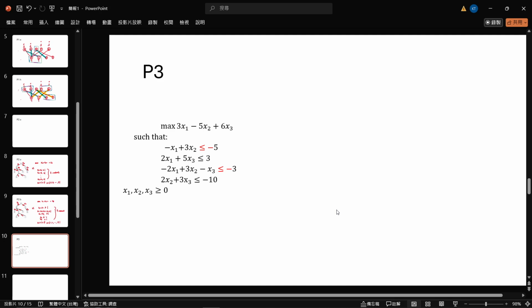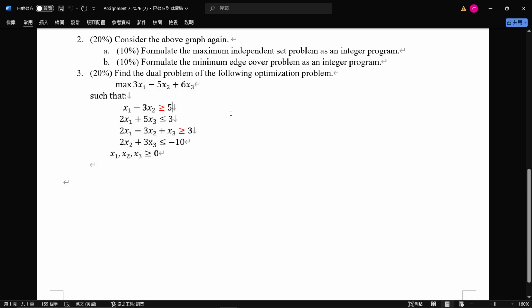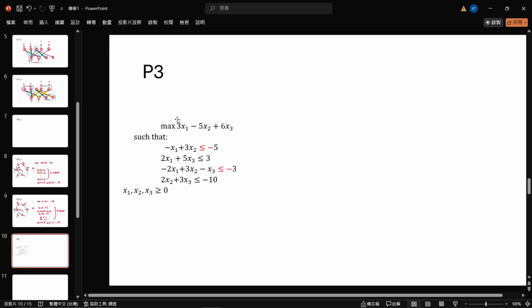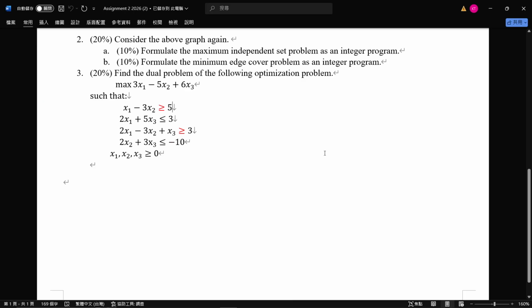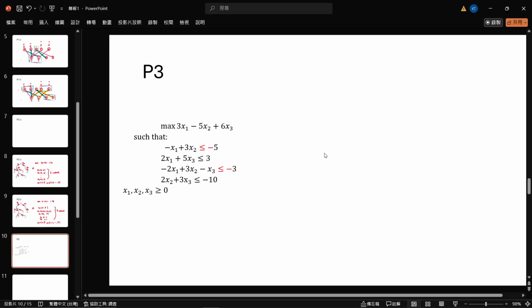So this is like the first step to make sure that the integer or the linear program you have is in the standard form. Okay. All right. So here we just change the sign by multiplying by -1 to both sides. Okay.